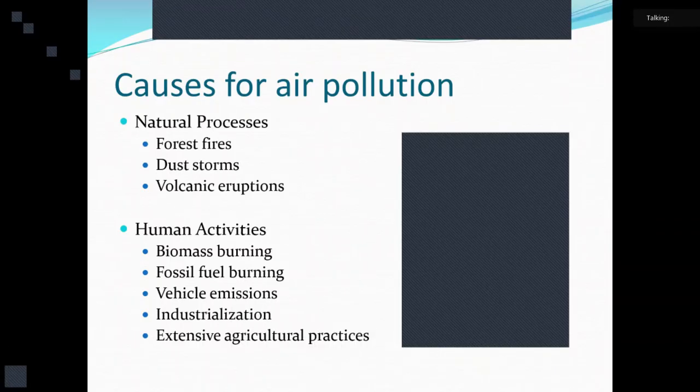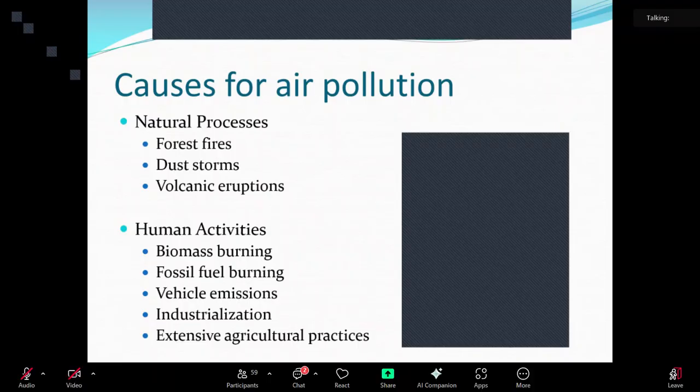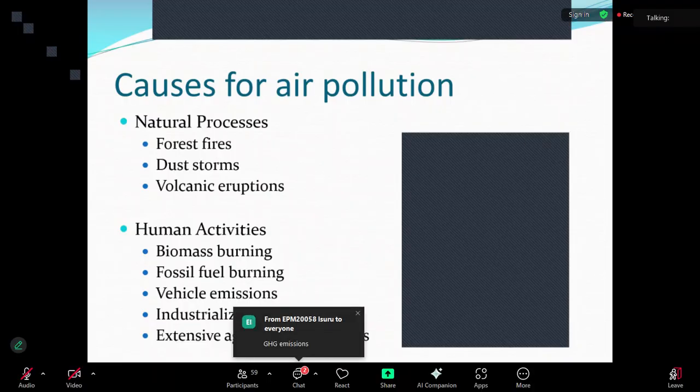What else? Deforestation, GHG emissions, okay.